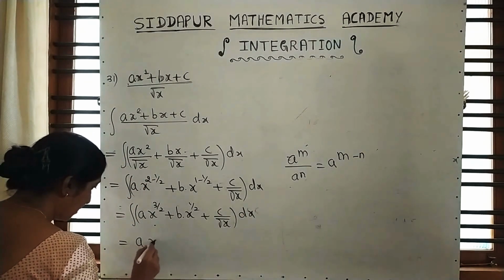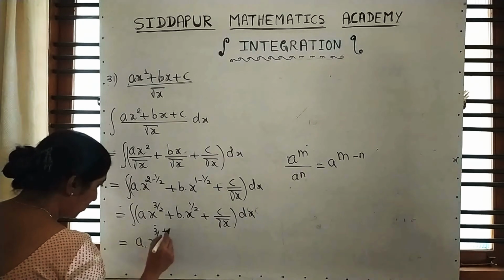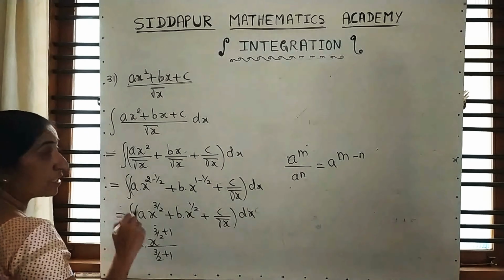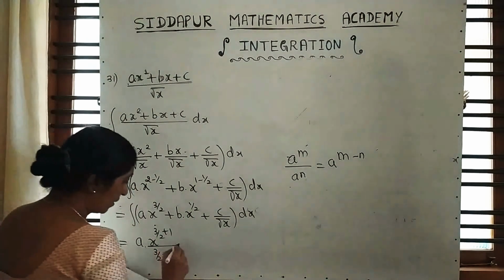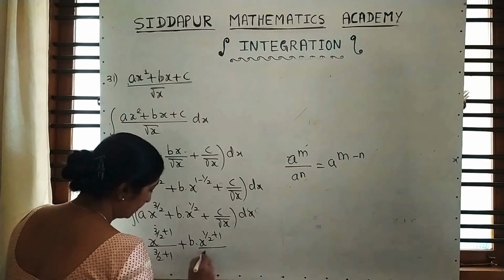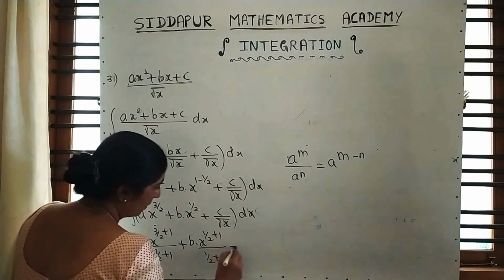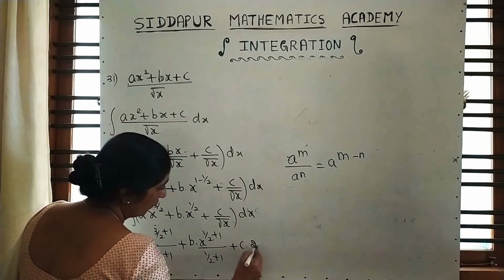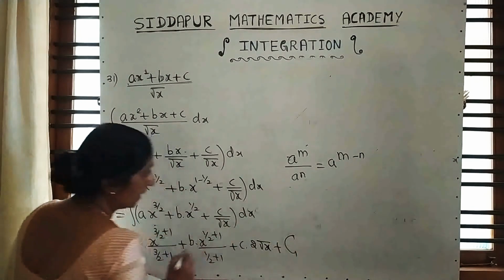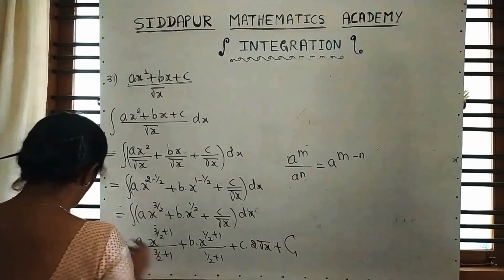A as it is, x raised to 3 by 2 plus 1 upon 3 by 2 plus 1. X raised to n plus 1 upon n plus 1, plus b. And c constant, integration of 1 by root x is 2 root x, plus I am writing capital C because already 1 c is there.